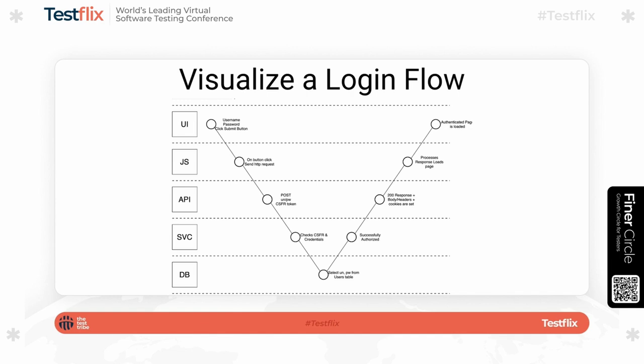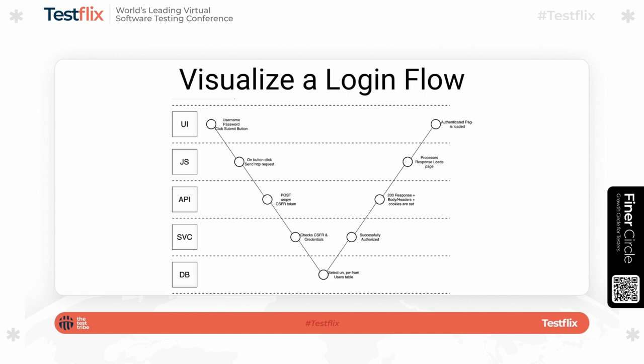And typically your page is going to load, you're going to be authenticated, and maybe you land on a home page or a different page that might look different than where you were before you were logged in. And this is a typical workflow of what happens from the front end, the DOM, you can think of it, all the way to the back end through the API to the database.